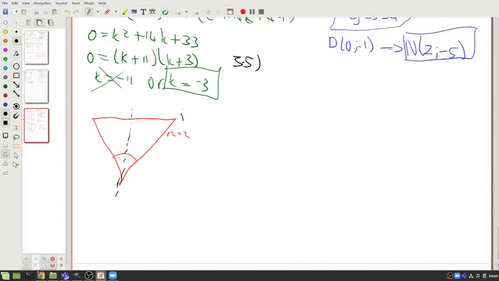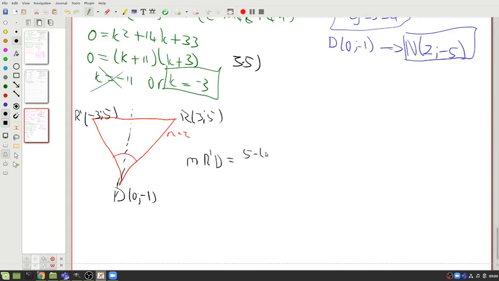Okay, so this was point R, which is 3, 5. This is point D, which is 0, -1. And this is point R prime, which is -3, 5. Okay, so let's find the gradient of R prime D as well. That's change in y over change in x.